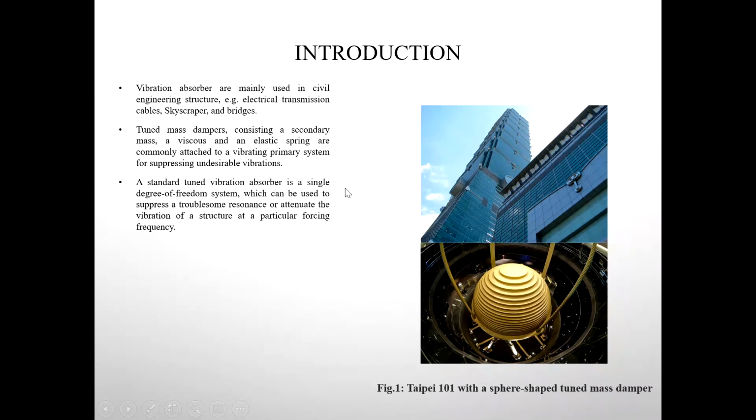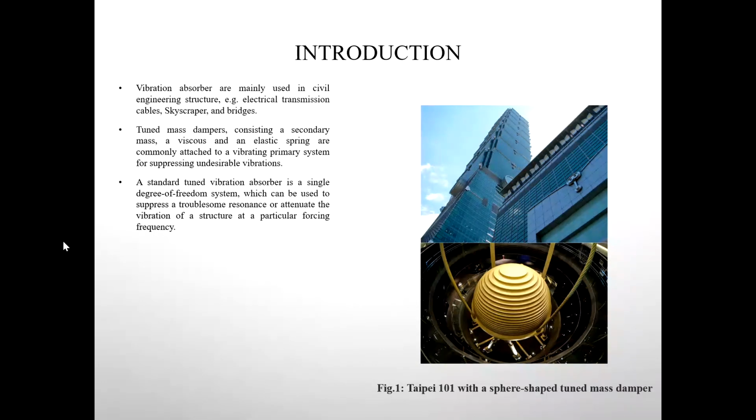A standard tuned vibration observer is a single degree of freedom system which can be used to suppress a troublesome resonance or attenuate the vibration of a structure at a particular forcing frequency.